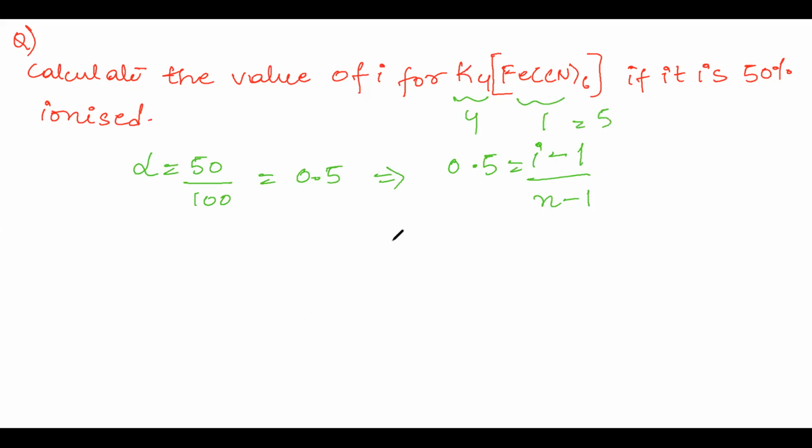So 0.5 is equal to (i minus 1) by (5 minus 1), so it is 4. 4 into 0.5 is equal to 2. So i minus 1 is equal to 2, which implies i is equal to 3. So for 50% we don't take 2.5; here i is equal to 3. In this way you have to calculate. I hope it is clear now.